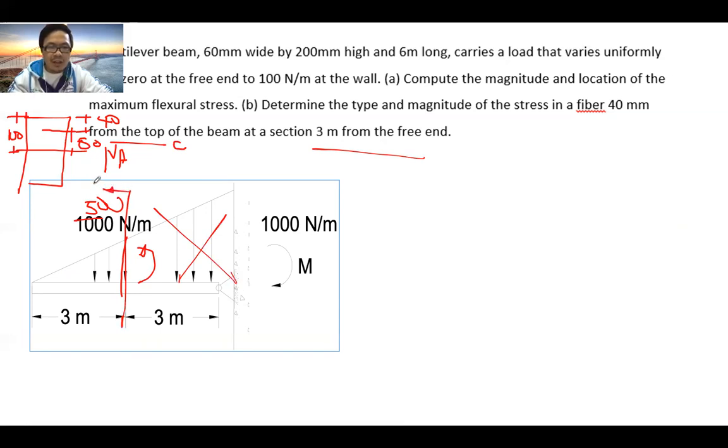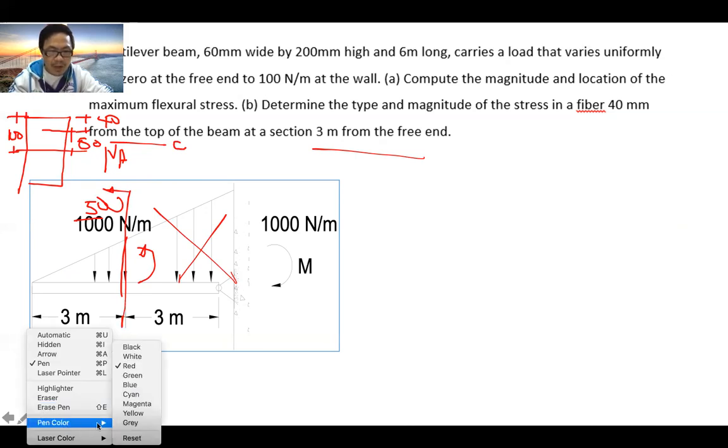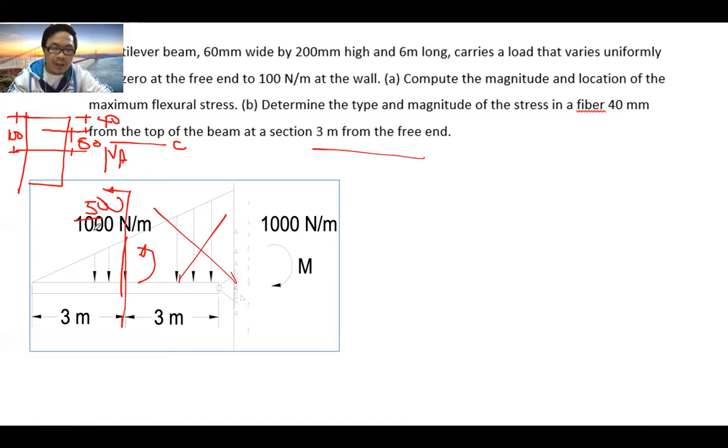Andito ngayon yung magiging resultant, R. Which is just the area of this triangle 3 meters from the free end, which is equal to 1/2. 3 yung base. Height is, of course, kung 1,000 yan, nasa gitna, 500 ito.